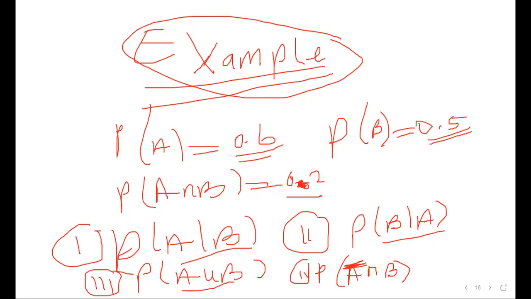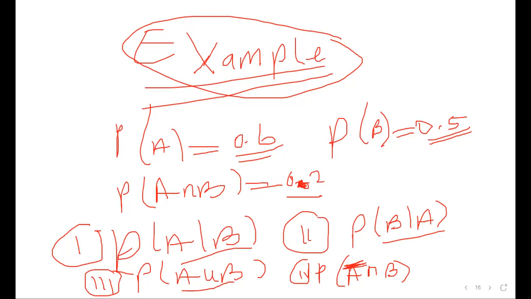What's the probability of A union B? 0.9. Everyone else is with that. So the probability of A, 0.6, plus B, 0.5, minus the intersection, gives us 0.9 also.